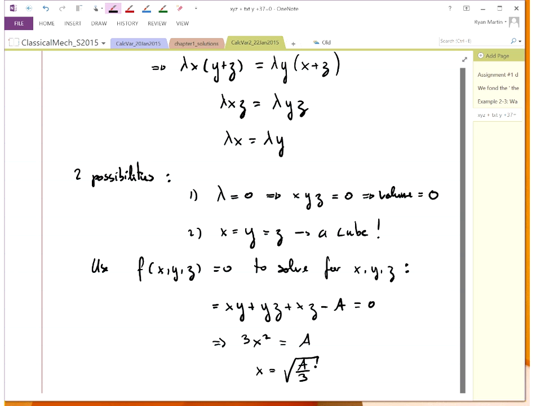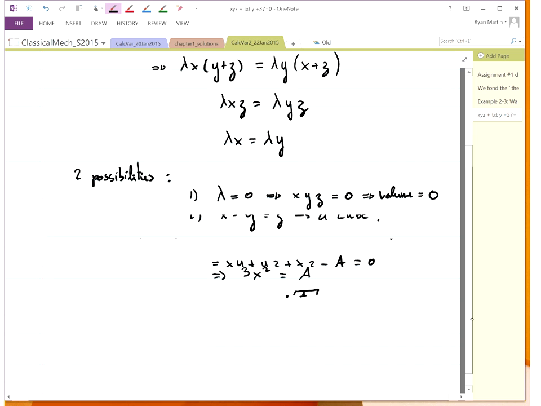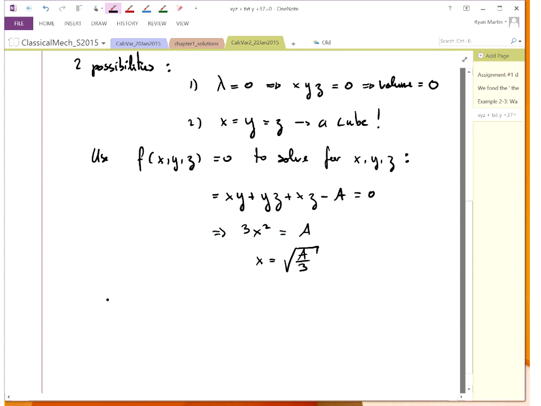And in this particular problem, we actually never needed to solve for lambda. That's not always true. So sometimes you will have to solve for lambda, but in this case we did not.